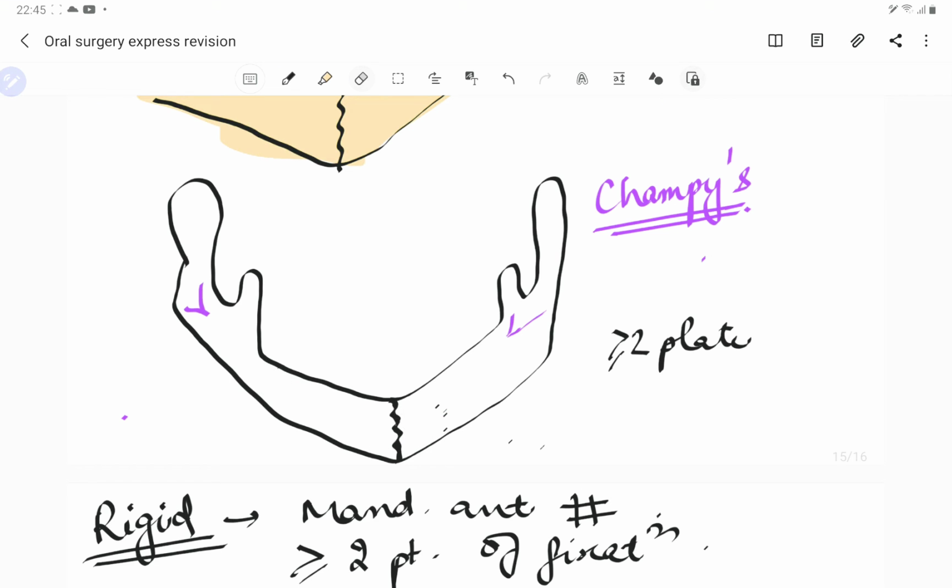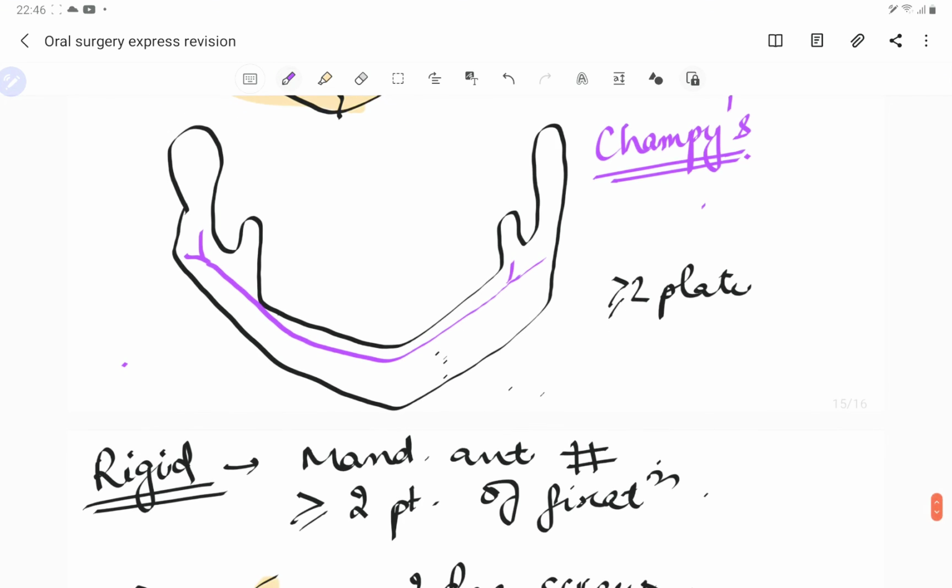We'll just go back and revise again the 2 Champy's lines. One is in the superior border of the mandible, which is dividing into the external oblique ridge and another one going laterally on the lateral surface. The other Champy's line is present in the inferior border of the mandible, in the symphysis and parasymphysis area, basically through the center of the mandible.